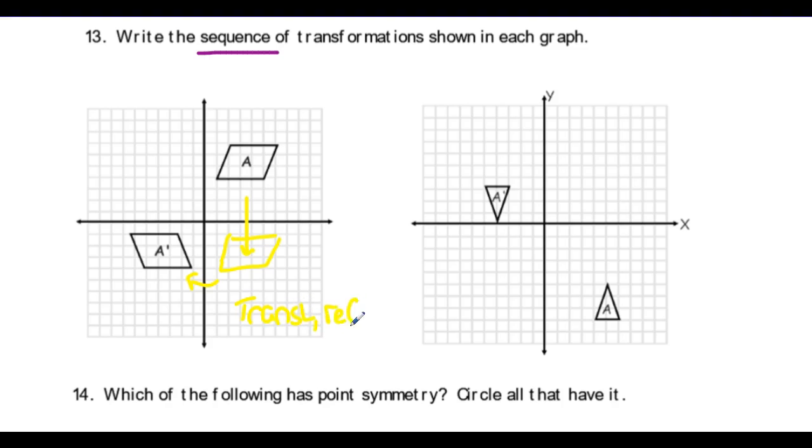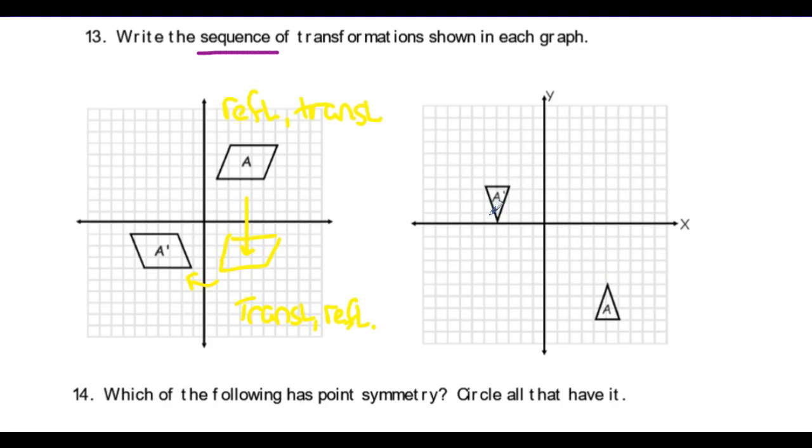There are various other answers. It could perhaps be a reflection followed by a translation. You could first reflect it in the y-axis and then translate it. Could you be specific and tell exactly how? Absolutely. You could translate it 1, 2, 3, 4, 5, 6, 7, 8 places down, and then reflect it in the y-axis, or reflect it in the y-axis and then translate it 8 units down.